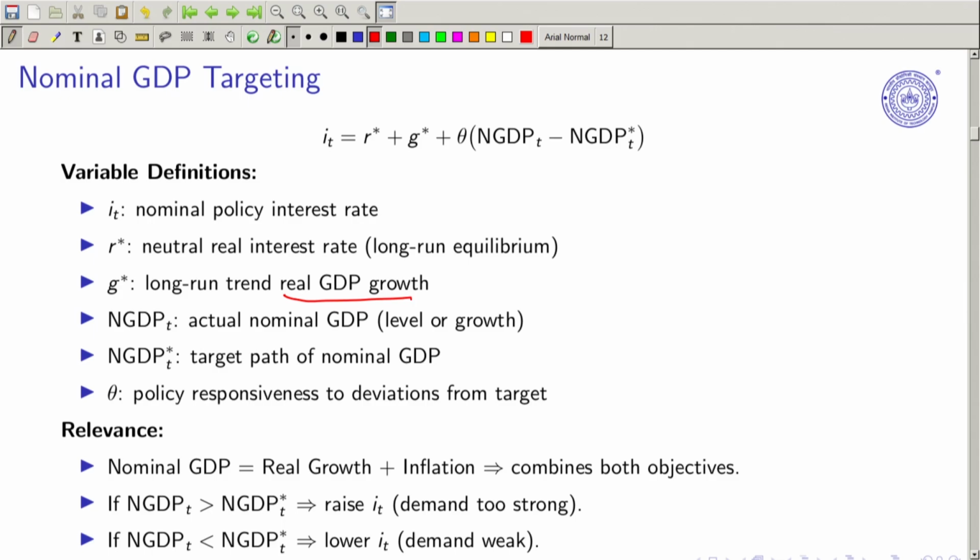And instead of taking the inflation gap and output gap, they just consider the nominal GDP, right? So this is like the output gap.